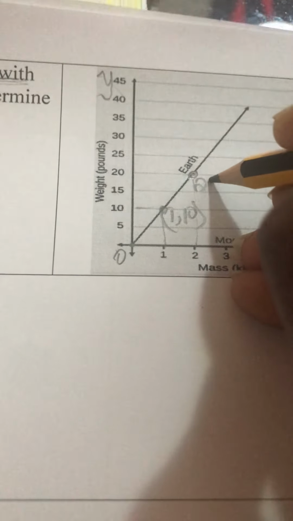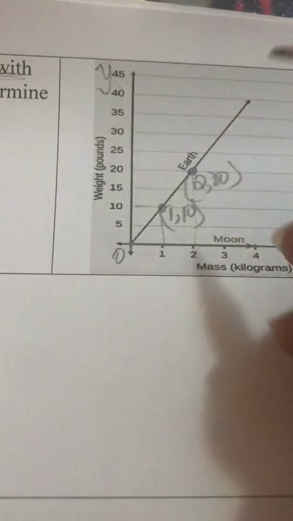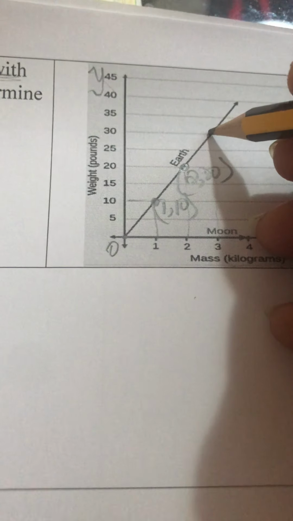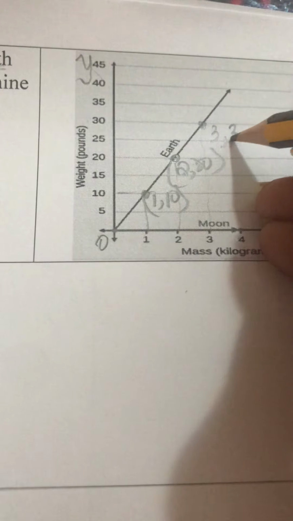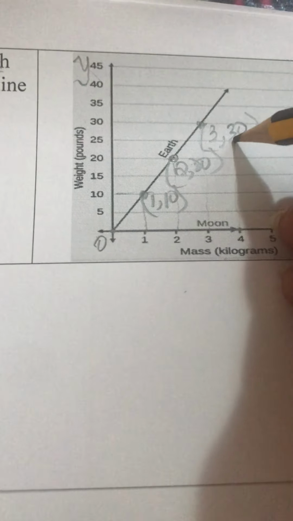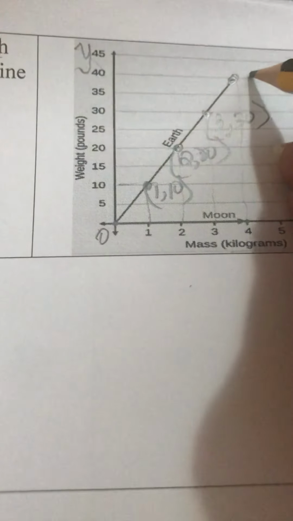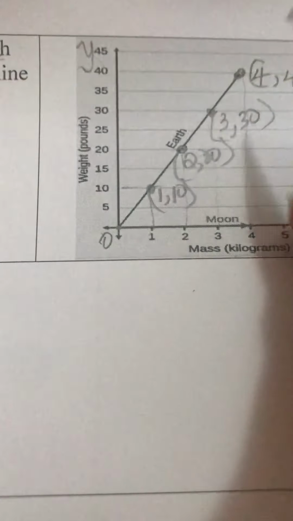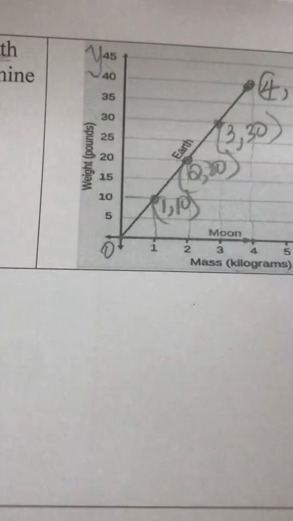This is 2, 20. Let's go to 3. Make sure you're using your ruler. 3 is over here. 3, 30. Let's see if I can get another point. Yes, I have another point over here. 4, 40.